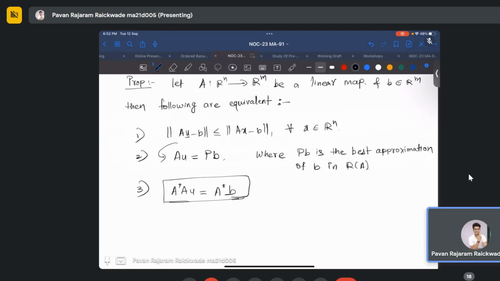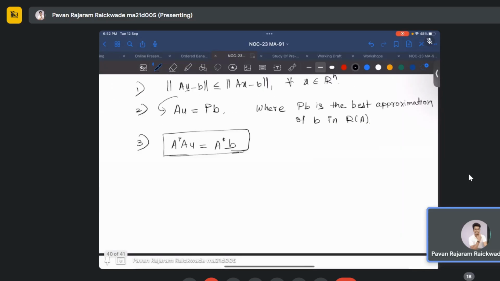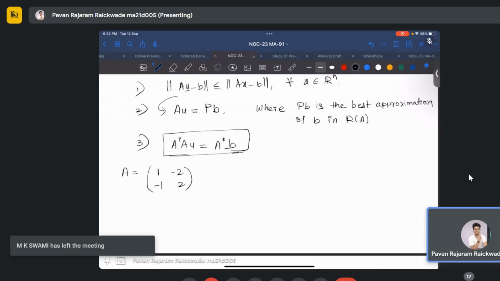Before that, I'll give you an idea by an example, the same example that was before. What was your A? It was 1 minus 1, then minus 2, 2.